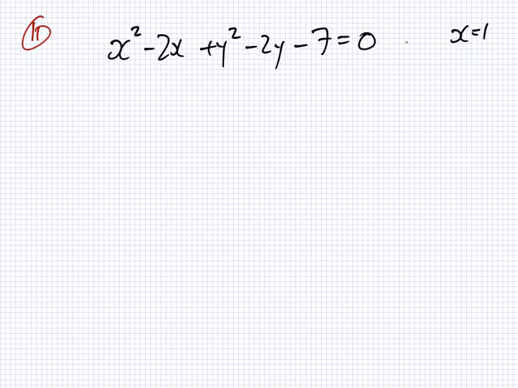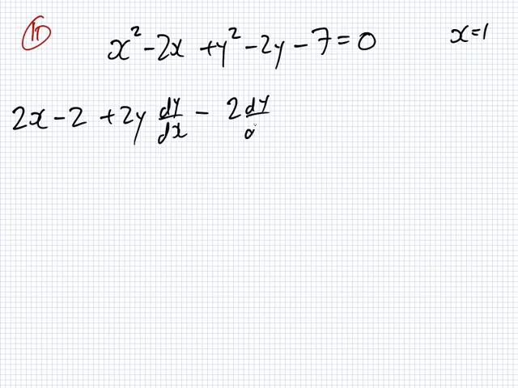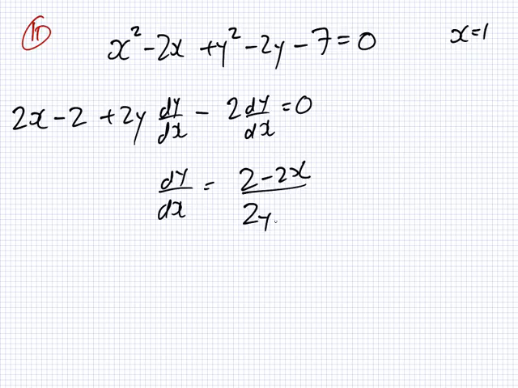Derivative, yeah. So we get 2x minus 2 plus 2y dy dx minus 2 dy dx equals 0. So dy dx equals 2 minus 2x all over 2y minus 2. So that's 1 minus x over y minus 1.